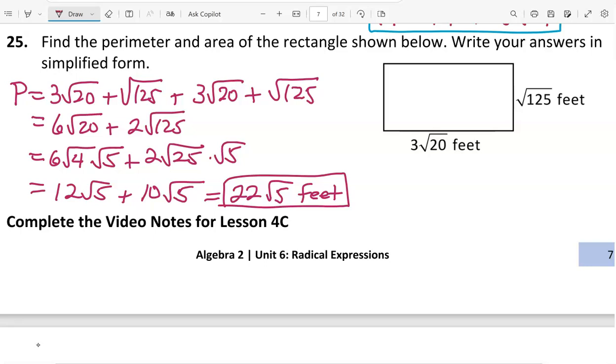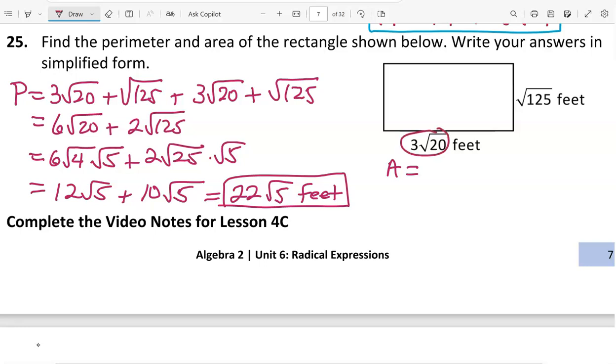When we are finding the area, it is just length times width, so we can just multiply these two together, but let's simplify each first. You can simplify first and multiply together or vice versa, but it might be easier to do the simplification when we have smaller numbers.